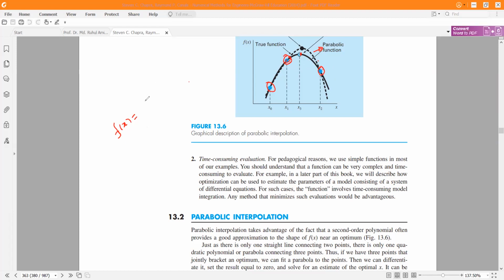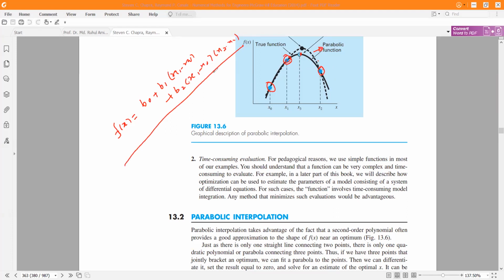Yes, sir. A parabolic curve can be something like this: b0 plus b1 into (x minus x0) plus b2 into (x minus x0) into (x minus x1), something like this. Can you remember this thing? Yes, sir.